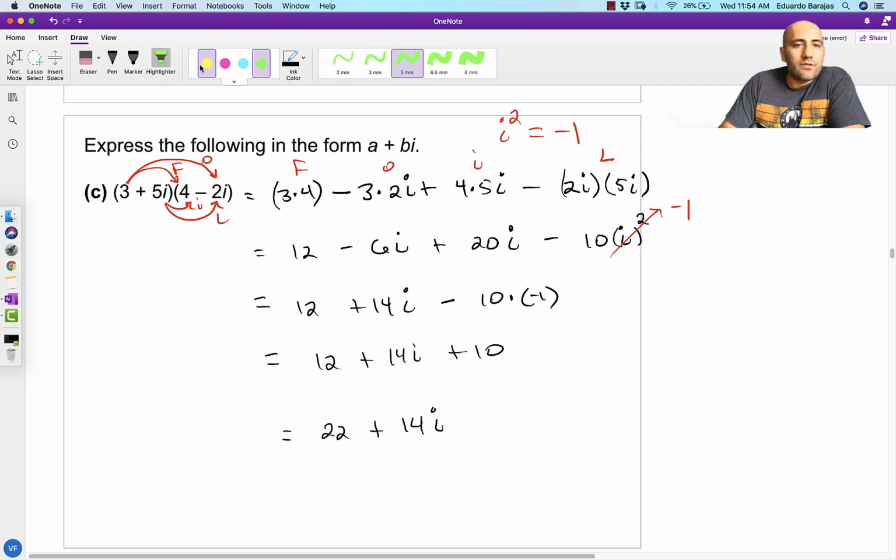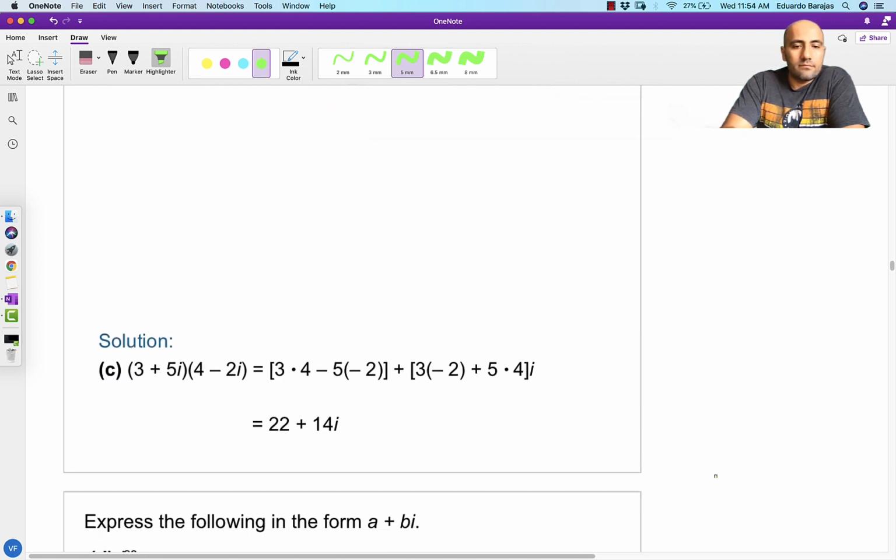That's our final answer. So the multiplication of two complex numbers gives us another complex number where the real part is 22 and the imaginary part is 14.